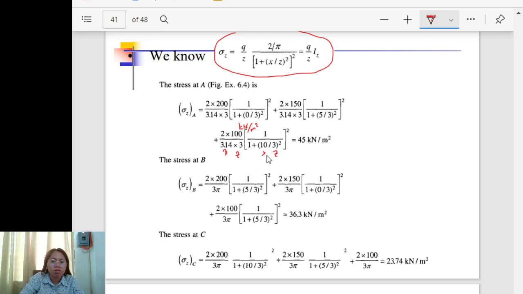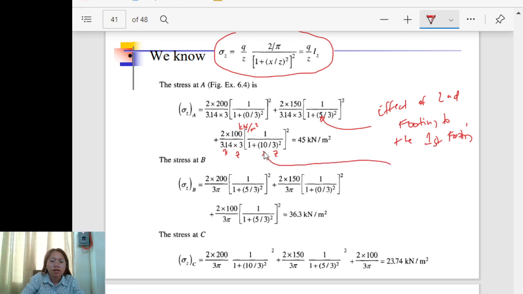From the first footing to this one is the effect of the second footing on the first footing. This 10 is the effect of the third footing on the first footing. This is the stress at A.